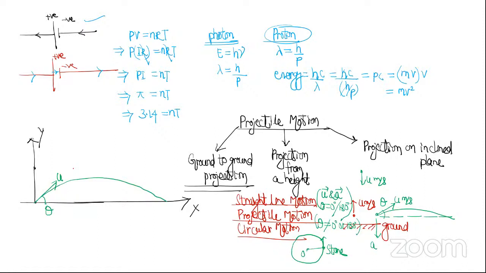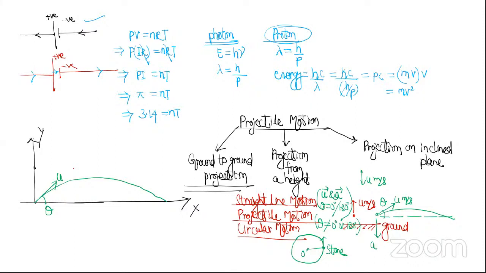After projectile motion, we will come to circular motion. Circular motion, again, is two 1D motions combined in a slightly different way. Then we will come to Newton's laws. In Newton's laws also it is kinematics plus something else. From Newton's laws we can find acceleration that can be used in kinematics.